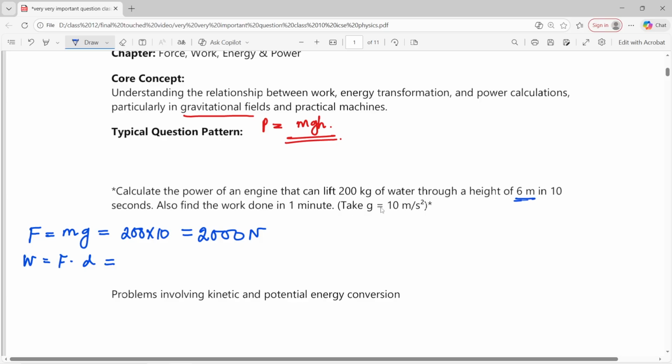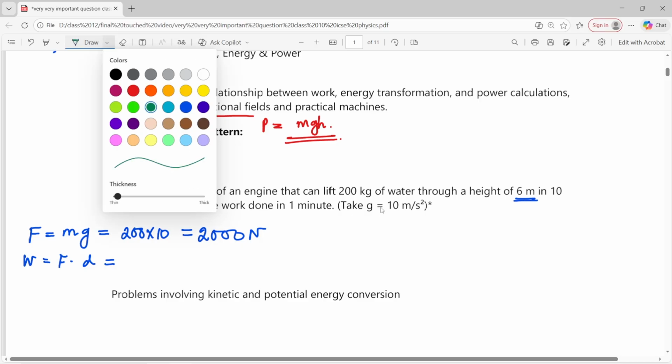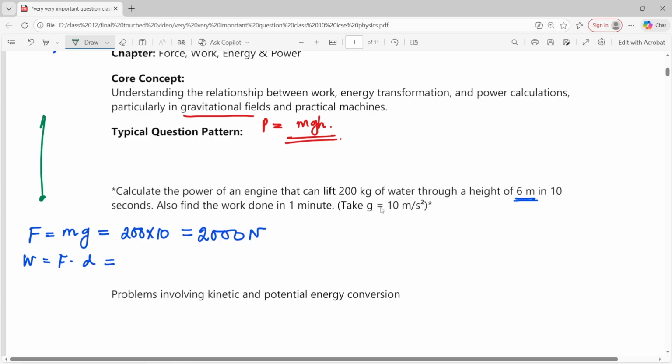The object moves upward 6 meter, so force 2000 newton, dot 6, that is 12,000 joule. That's the work done.